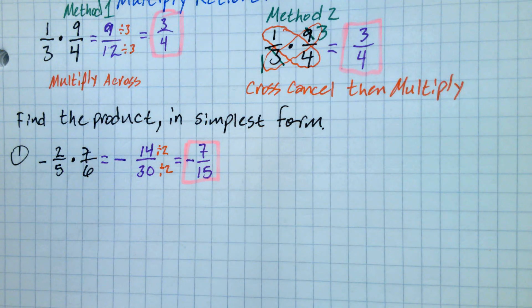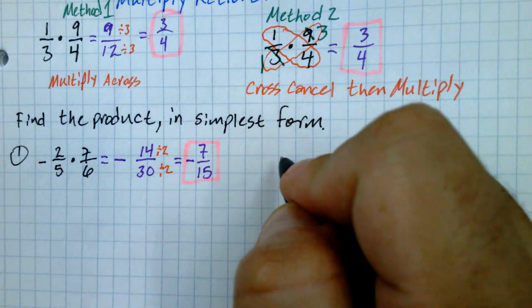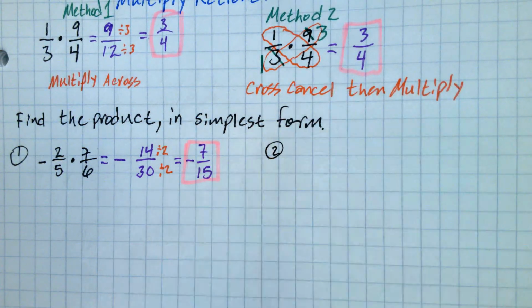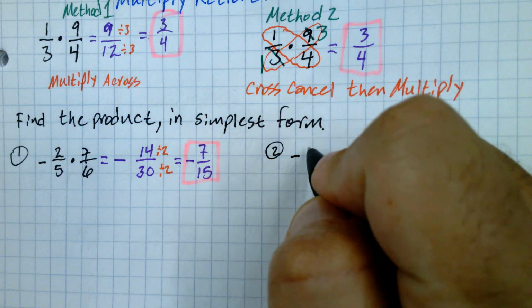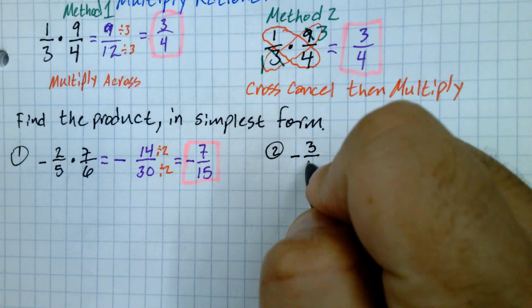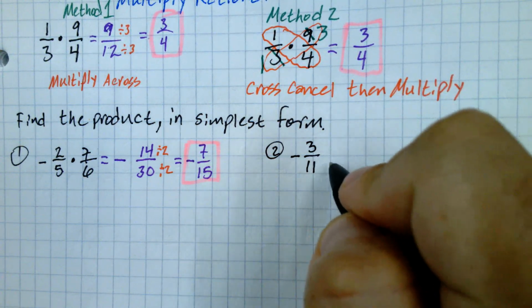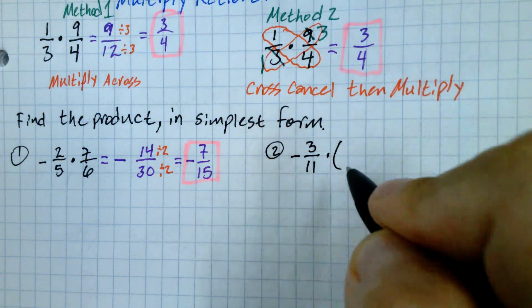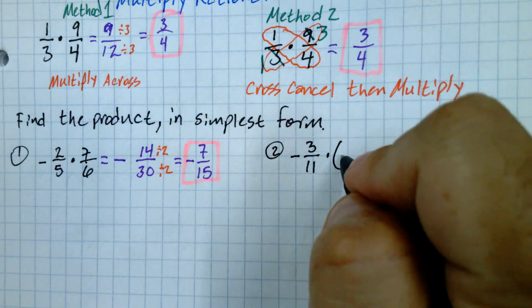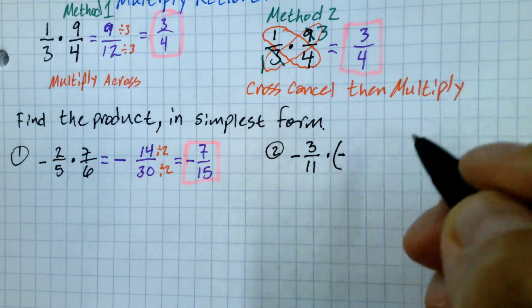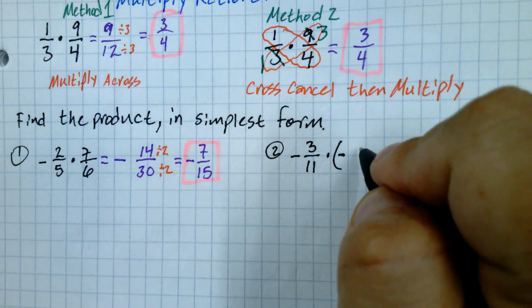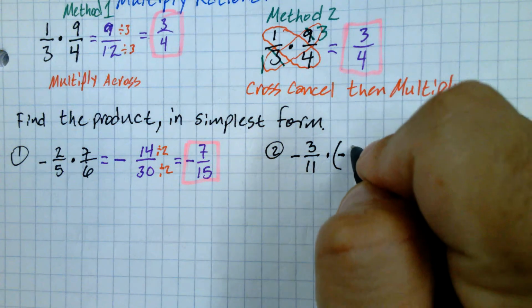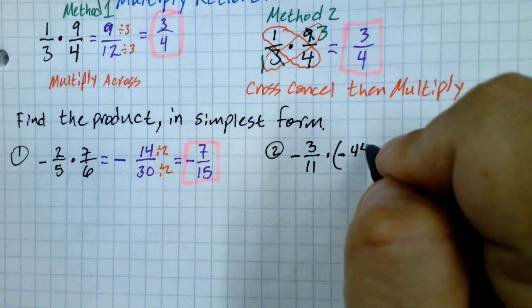All right. Let's try this one. Number 2. Negative 3/11 times negative 44.